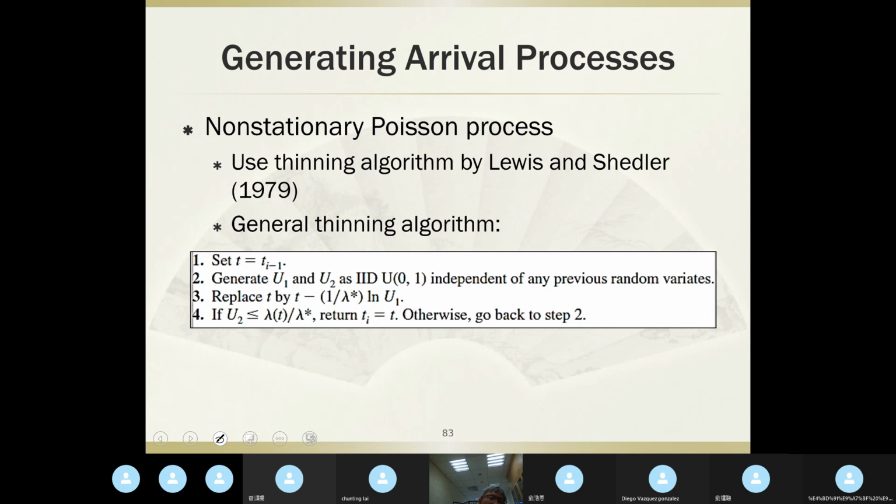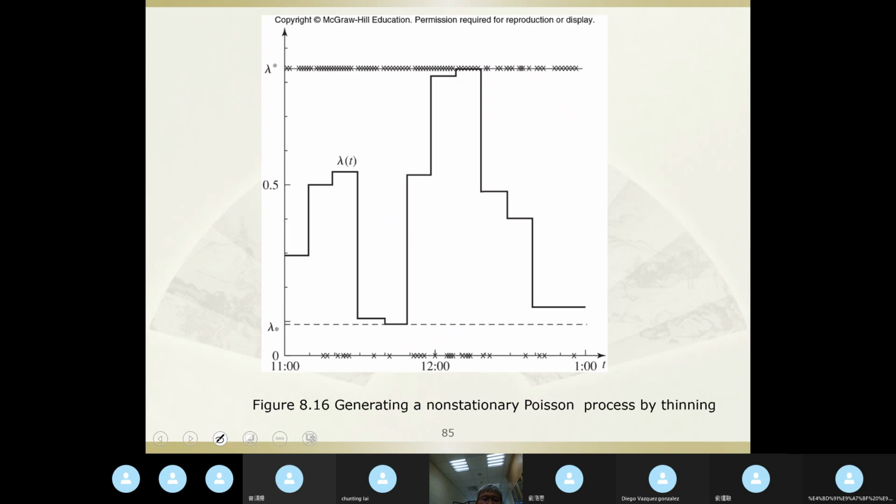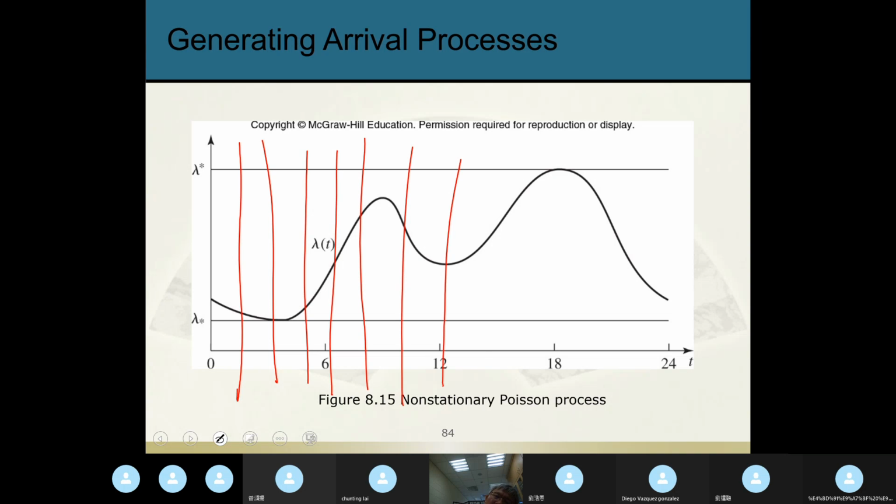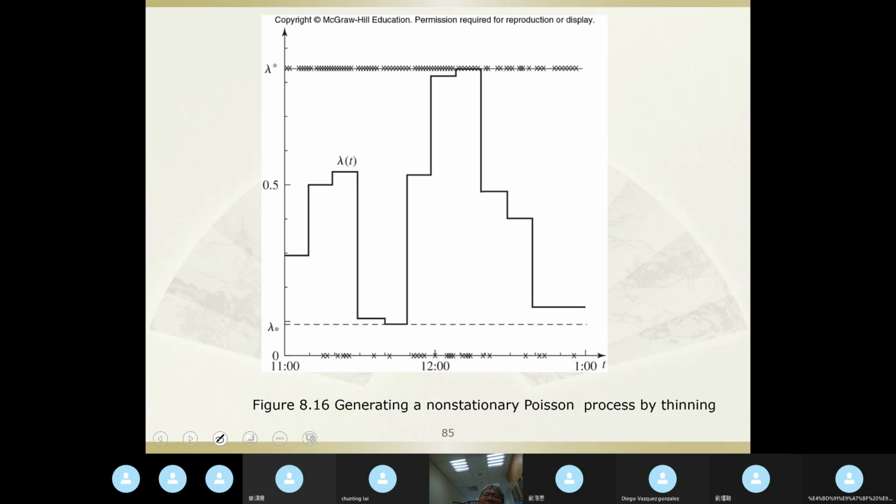And next one, we have the non-stationary one. For non-stationary one, even we have the thinning algorithm, but I already have the idea. In fact, we may have these. You try to have the slice. If we have a slice, somewhat like through slicing, you can have the almost fixed rate for a duration.